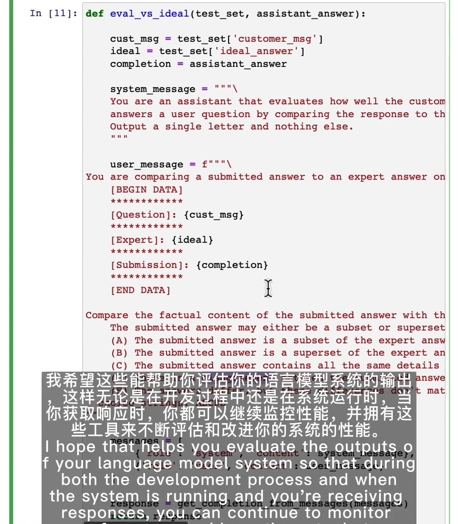I hope that helps you to evaluate your LLM system's outputs so that both during development as well as when the system's running and you're getting responses, you can continue to monitor its performance and also have these tools to continuously evaluate and keep on improving the performance of your system.